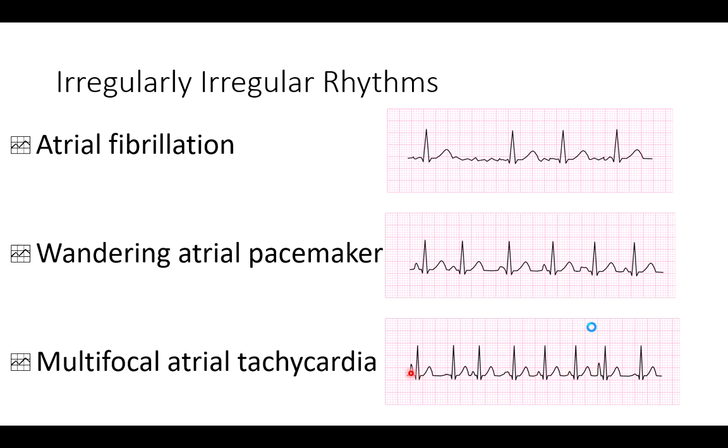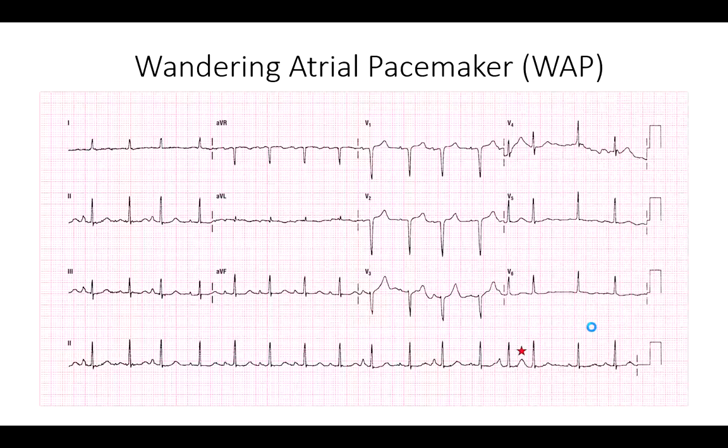Nope, these two look very similar, and these two look very similar. This one looks different. So there might be 3 different types of P wave in tachycardia. So we would call that multifocal atrial tachycardia, telling me the atria is generating a signal from a different location. Here's an example of wandering atrial pacemaker.